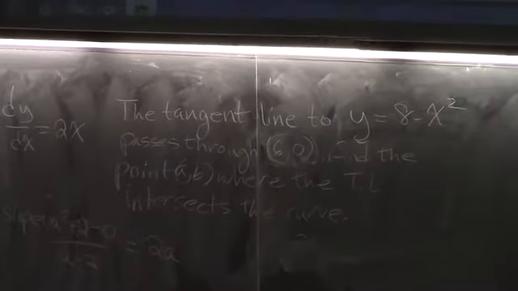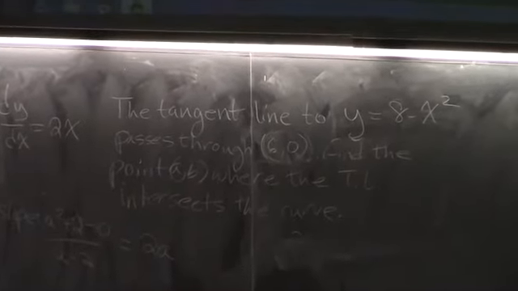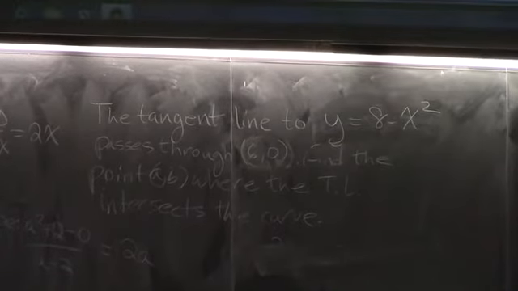Okay. There you go. The tangent line to y equals 8 minus x squared at 6 comma 0. Do the same thing.